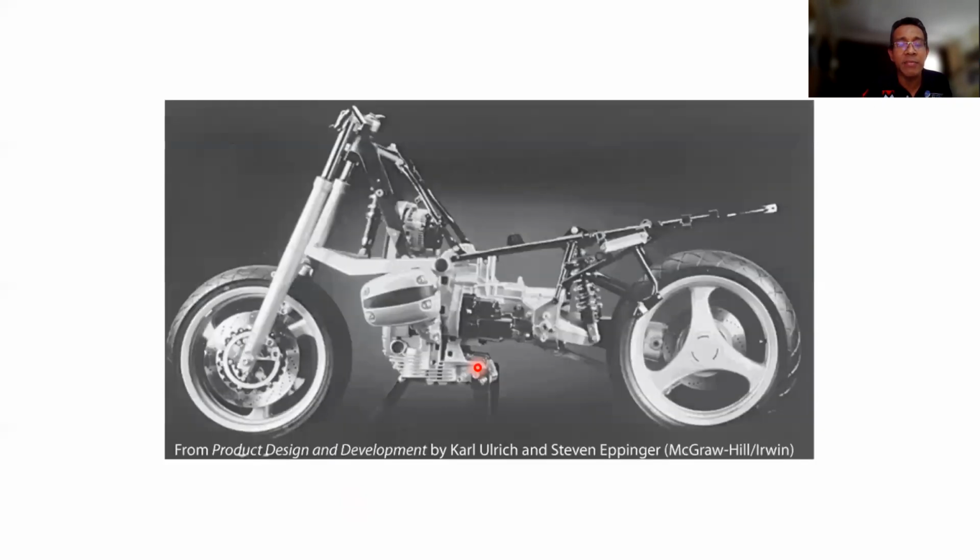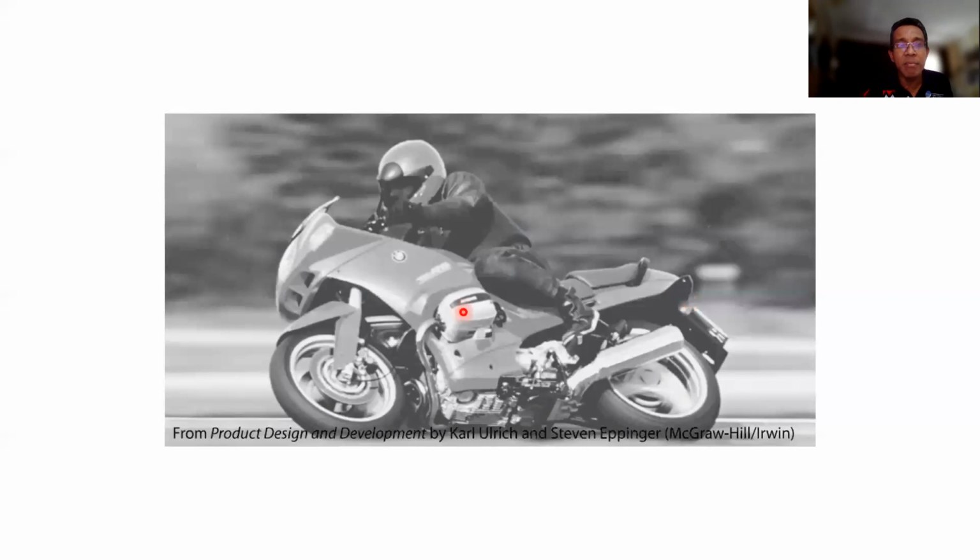From the previous design, they had a separate chunk for the engine and a separate chunk for the frame. They just combine them into one to be the frame support, and also function as a power transfer conversion element to transmit the power from the engine to the tires. So they combine the elements.